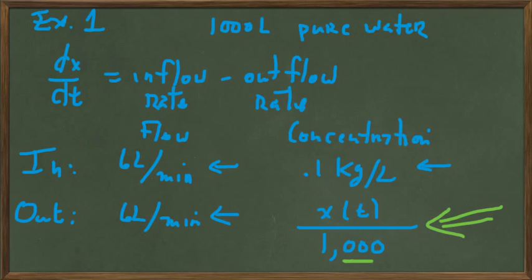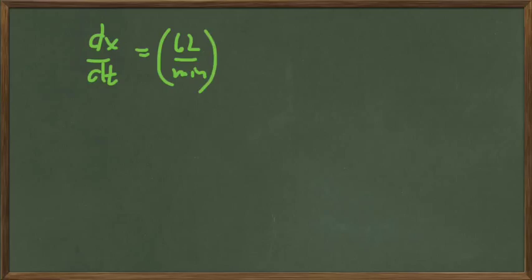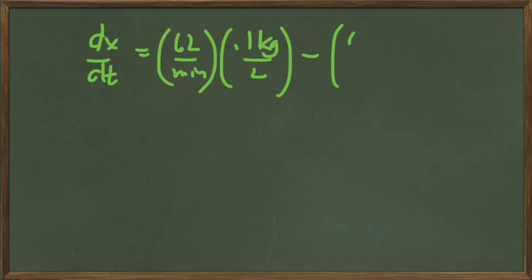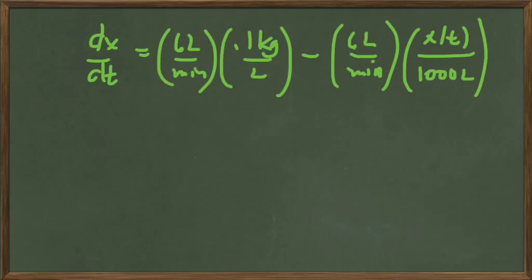So let's set up our equation, and it looks like this: dx/dt equals flow in, 6 liters per minute, times concentration in, 0.1 kilograms per liter, minus outflow rate, 6 liters per minute, times the concentration, x of t over 1,000 liters.